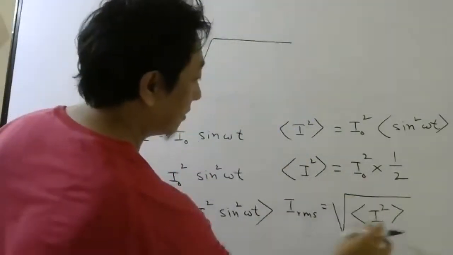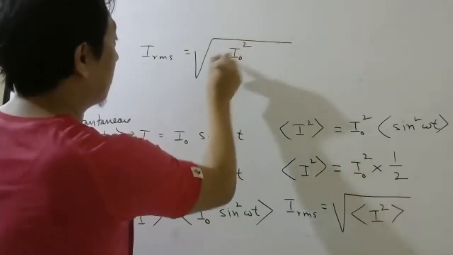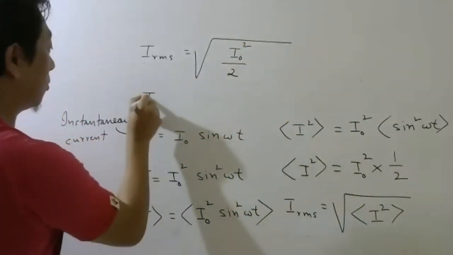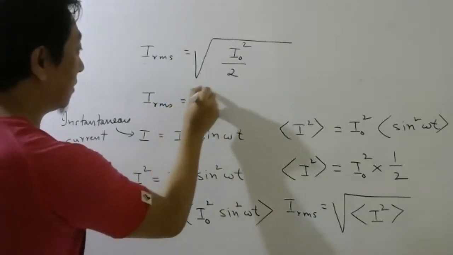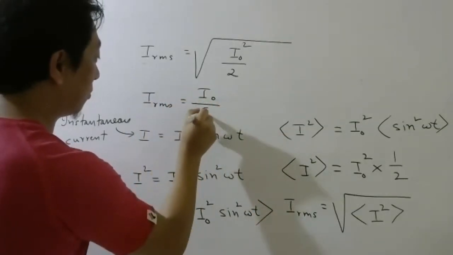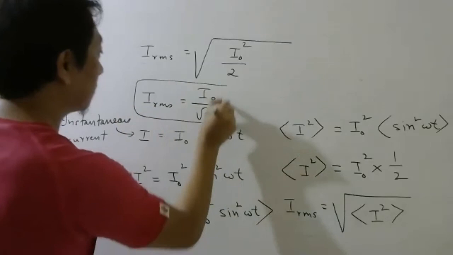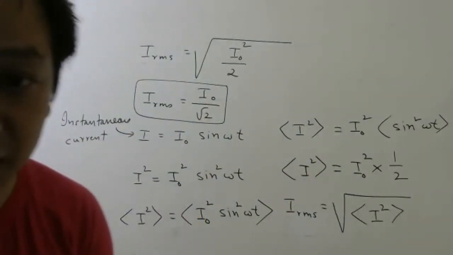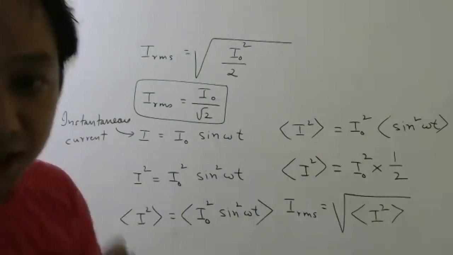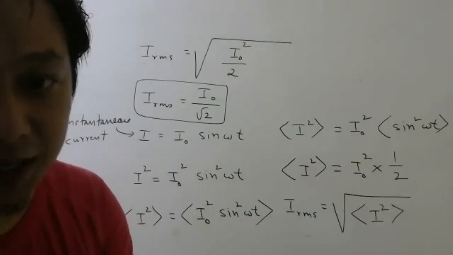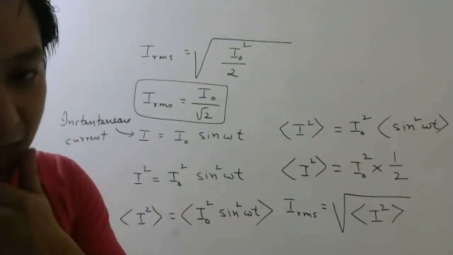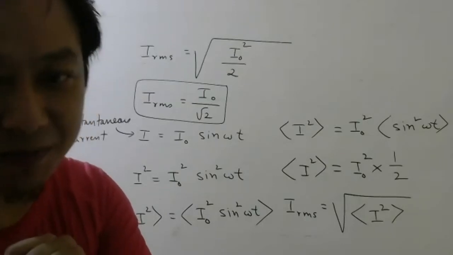Square root of this is I naught square by 2. So your IRMS will be what? I naught by root 2. So this is your RMS current. So what is RMS current? Equal to peak current divided by root 2. I told you I will explain how that root 2 comes later.